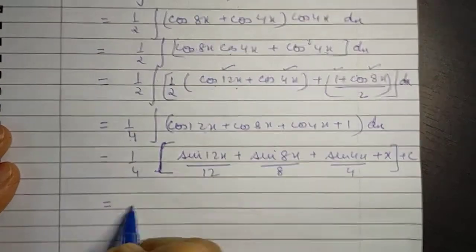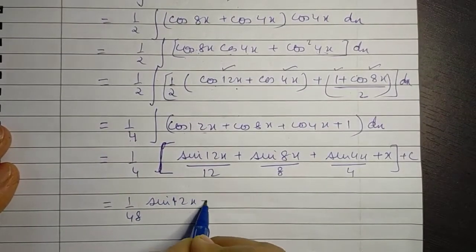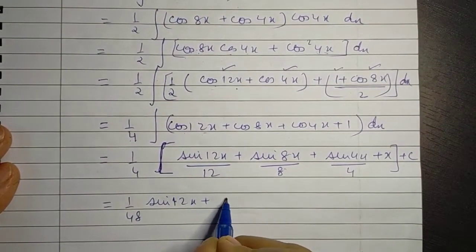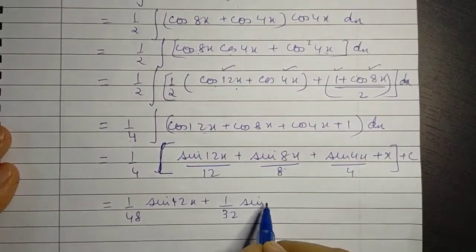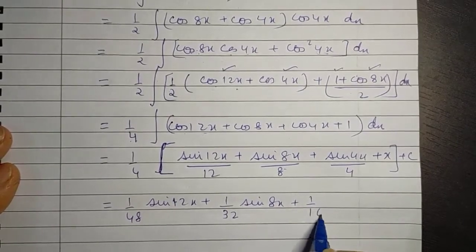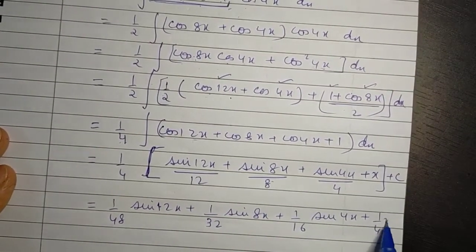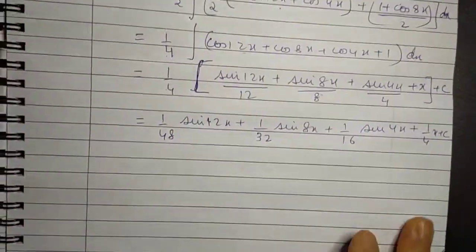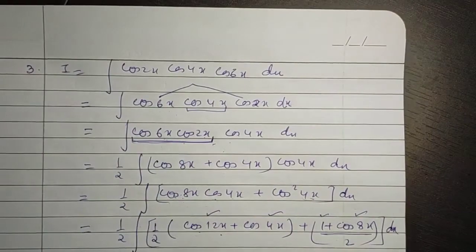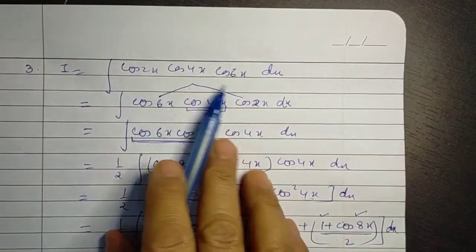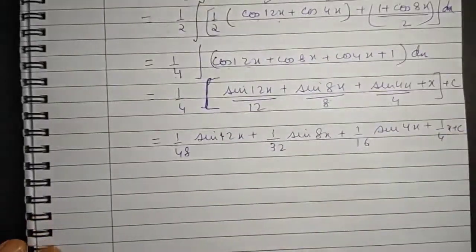This gives us 1 upon 48 times sine 12x plus 1 upon 32 times sine 8x plus 1 upon 16 times sine 4x plus 1 upon 4 x plus a constant, which is the answer. So with the use of trigonometric identities, we could solve a complicated integral in a very easy manner.